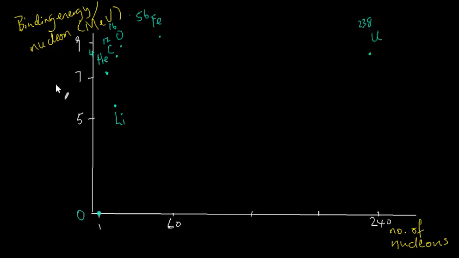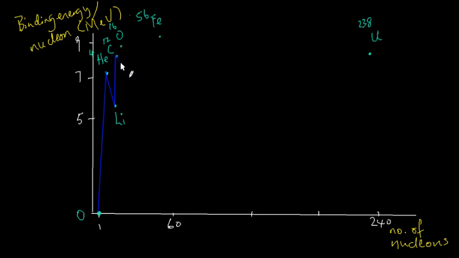Now let's see what the graph looks like. Straight line up there. Helium, lithium. Now there are a few elements between lithium and carbon, and a few more between carbon and oxygen.